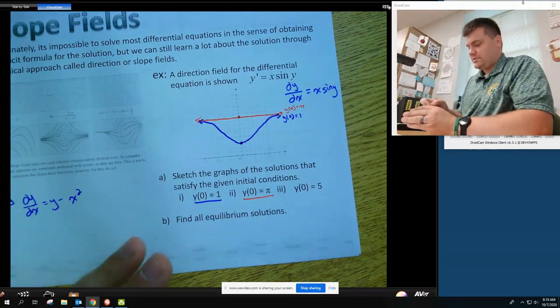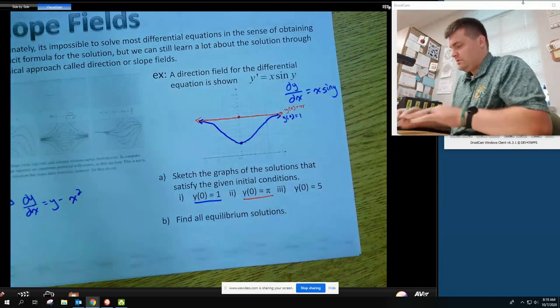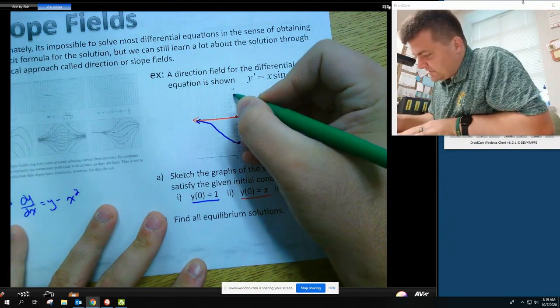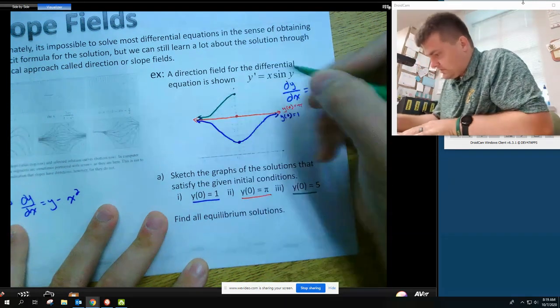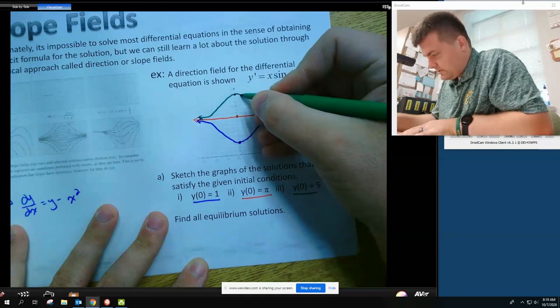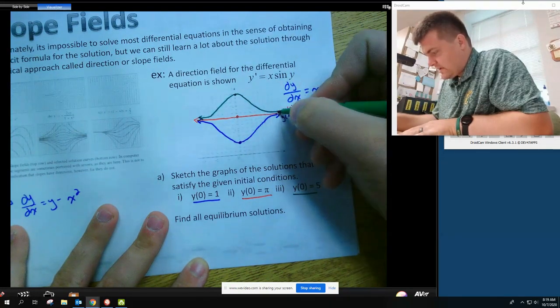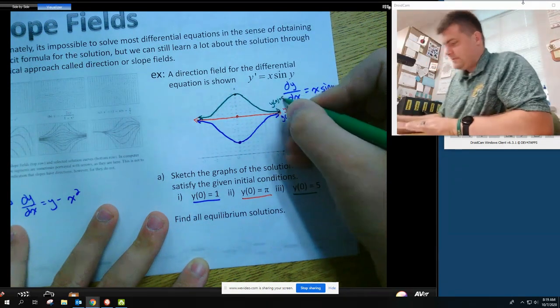I'll do the last one in green. So y(0) is 5, which is right here. Again, you want to stay in between your paths here. It's almost going to mirror the blue one, depending on how accurate a drawer I am. So this was y(0) equals 5.